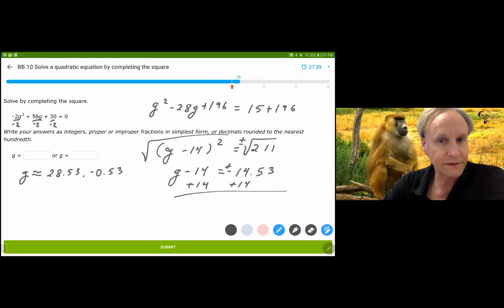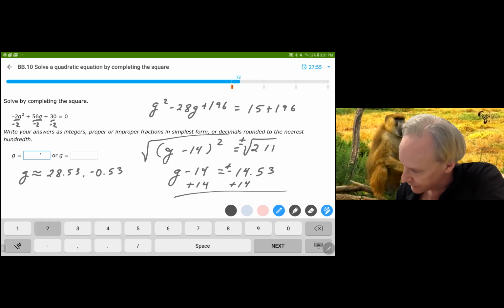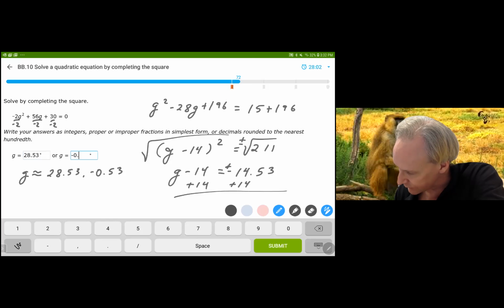And we get two possible solutions there. I don't see any errors. I'm just going to double check real quick. Looks good to me. Yeah, that looks good. So 28.53 or negative 0.53. Looks good.